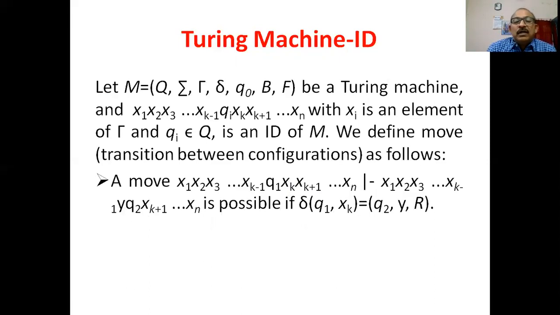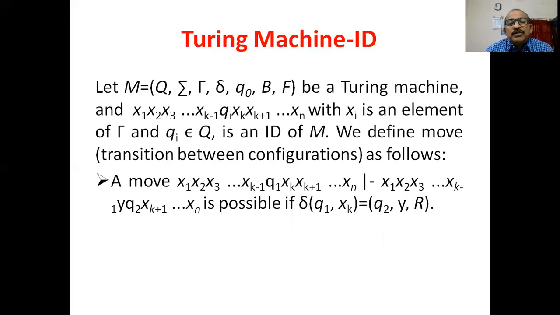How will you represent this new configuration? x1, x2, xk minus 1, y, q2, xk plus 1. Since the machine moves right, xk plus 1 is now the symbol under the tape head, so we write q2, xk plus 1, and y is at this place.